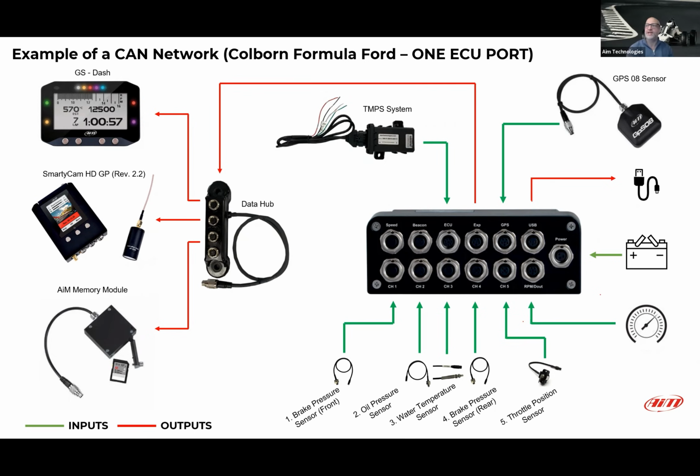And you can see here that I happen to have a tire pressure monitoring system plugging into the ECU port of my particular vehicle. So that's what I'm using my port for. Everything else that I have is an analog sensor plugging in, or just a sensor attached to the brake pressure, the wheel pressure and so forth.